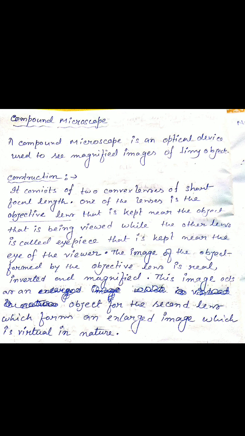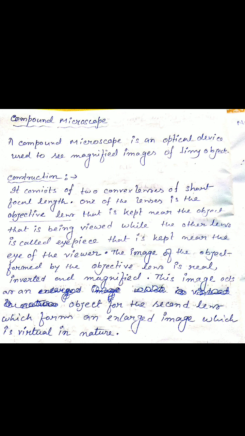But short focal length here means that its focal length is greater than the objective lens's focal length. It is placed very close to the eye of the viewer. That's why it is called the eyepiece or ocular lens. So one is the objective lens, another is the eyepiece or eye lens.